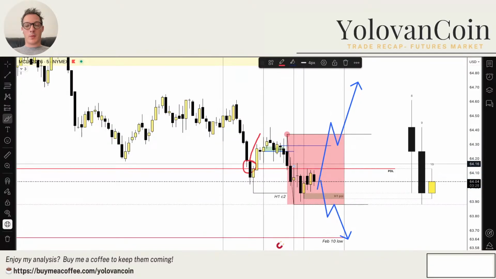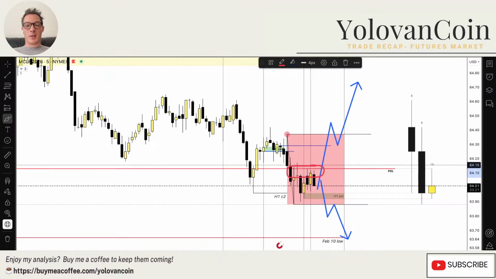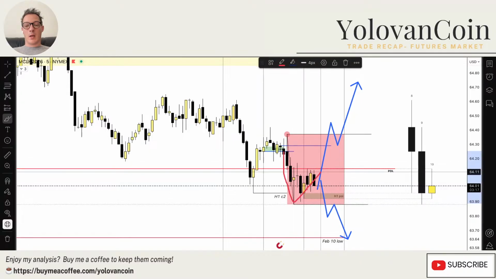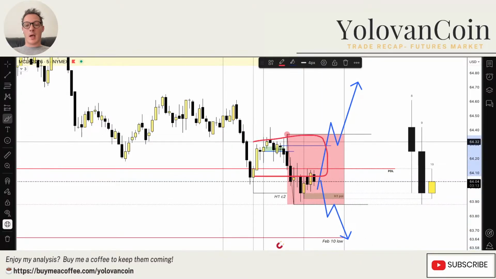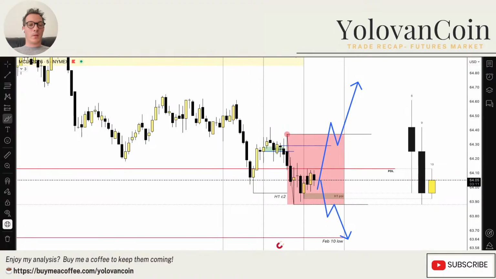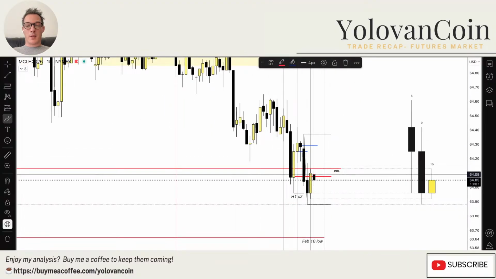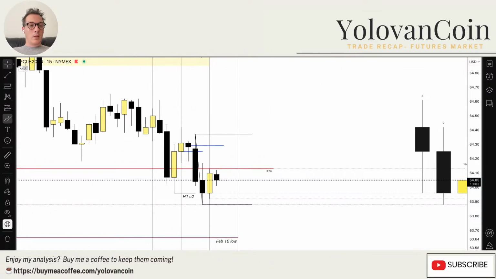Let me see how many times. 1, 2, 3, 4, 5 times the price rejected this area. Probably it's gonna go lower, but this is like a bear flag and then going lower, or just a retrace into this higher time frame order block, which can be, I don't know, 15 minutes. And we want to see the price going lower from here. Let me change this setup.